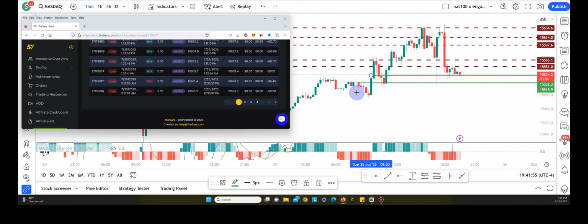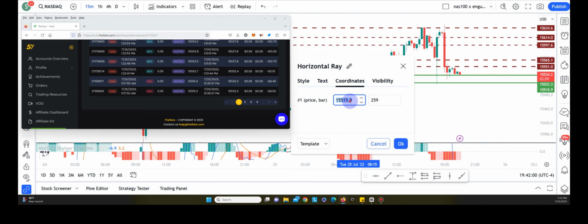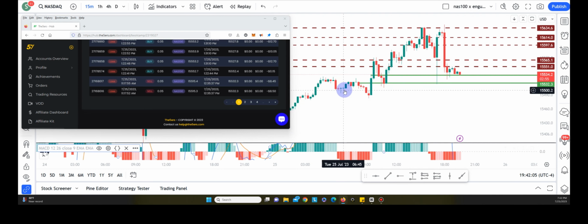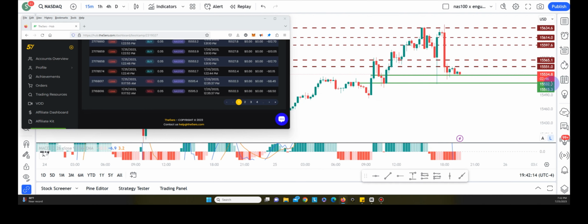This next one I entered at 15,515.3, and that was a loss of 8.5. Oh, I actually closed this one at 15,532.3, so it's the same.